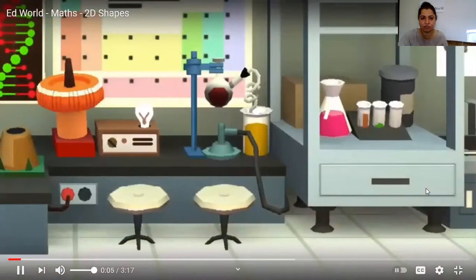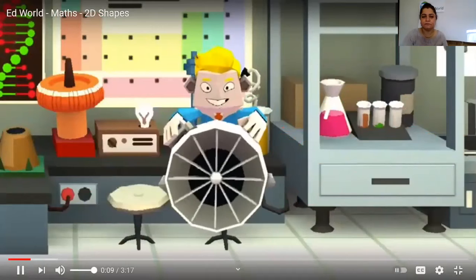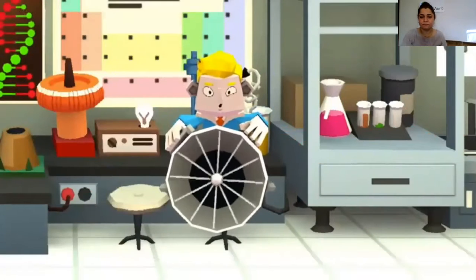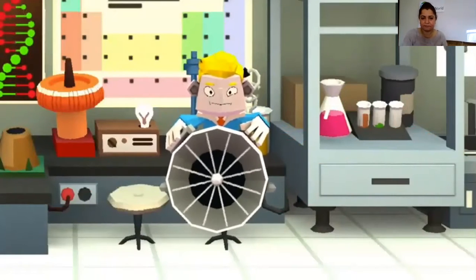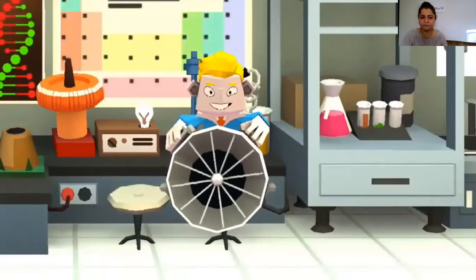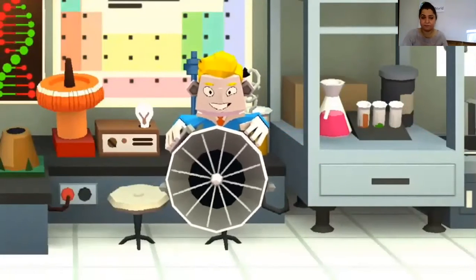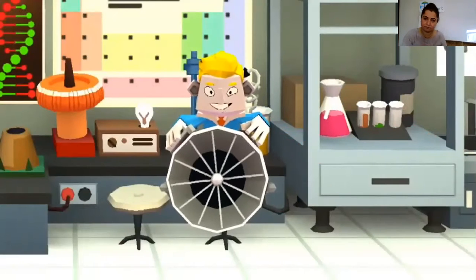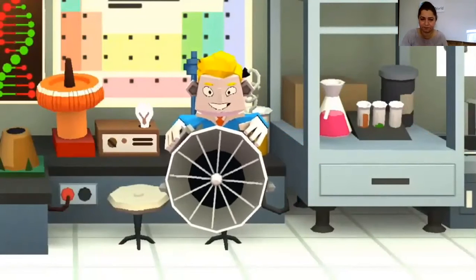Now this is also about shapes. Hello everyone. Today we're going to talk about shapes and learn how to draw them. So come, let's practice and learn about shapes.